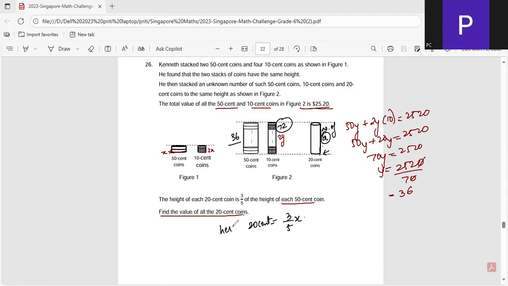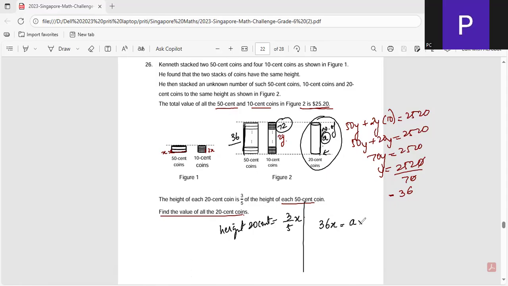This is the height of a 20-cent coin, which is 3/5 of x. Now the total height of 36 coins here is 36x, correct? So, which is equal to the total height of a number of coins, correct? So, we don't know the number of coins, but the height here is what?